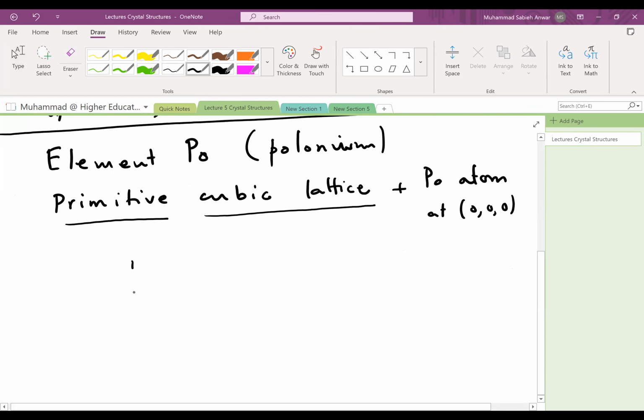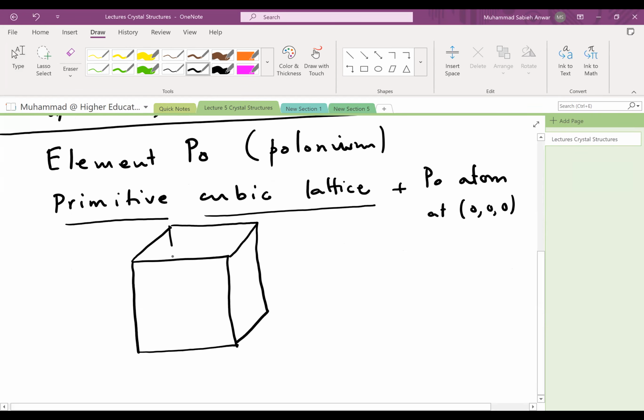This means that first of all, we will draw the primitive cubic lattice. My convention is this, I will call this the x-axis, I will call this the y-axis, and I will call this the z-axis. Now, my first question is how many points are in this unit cell?